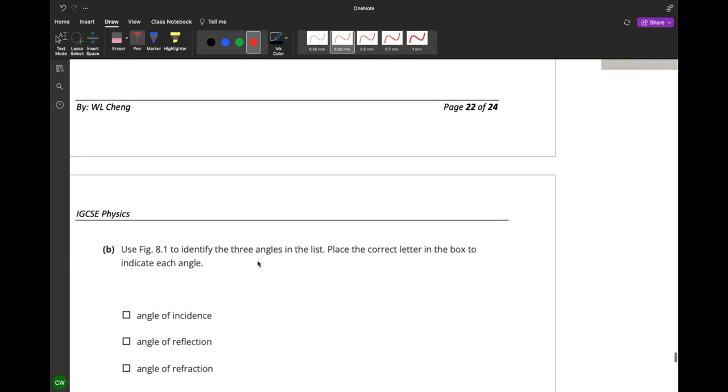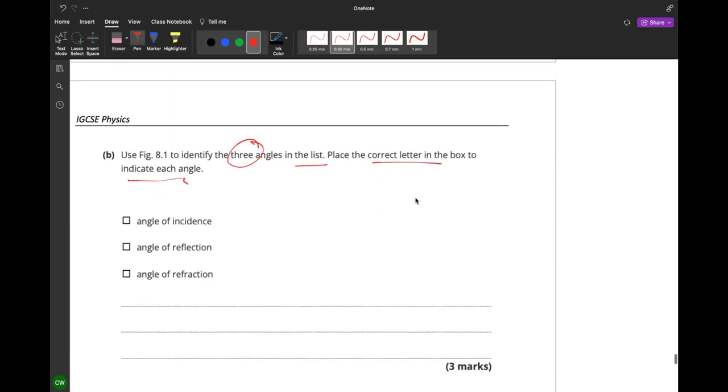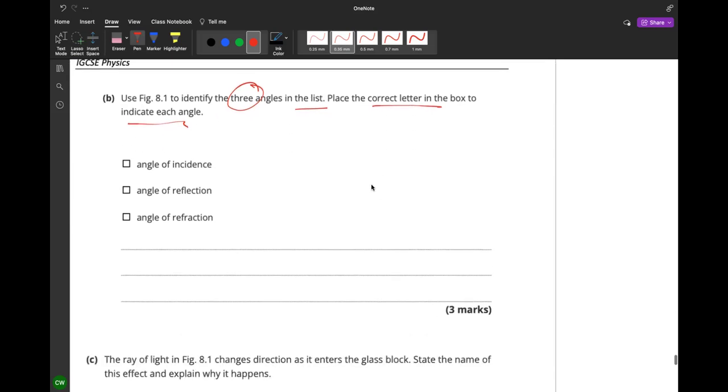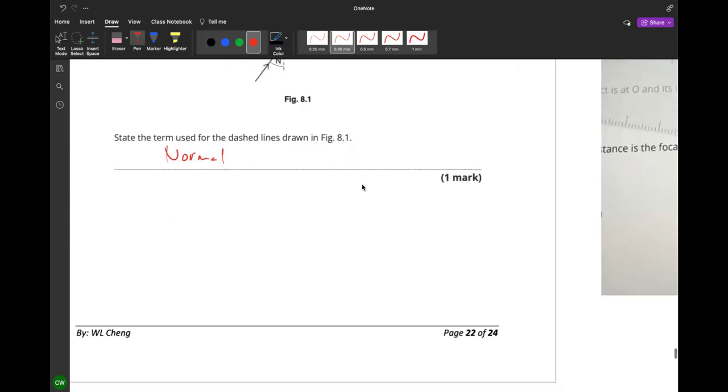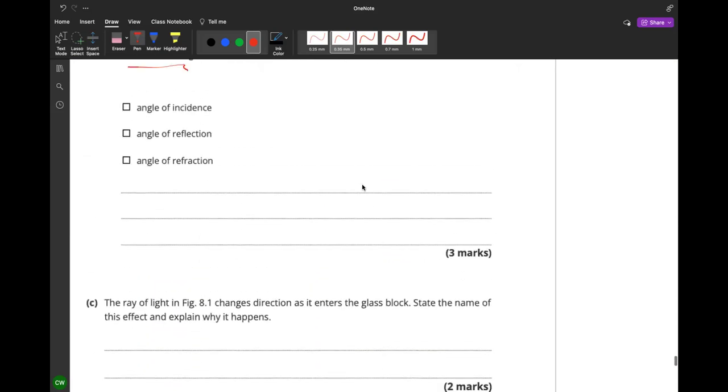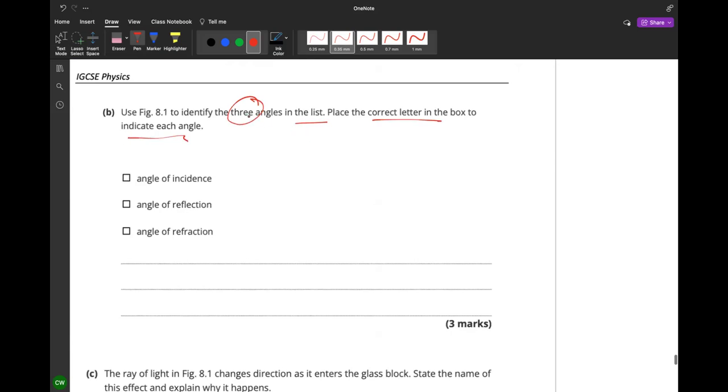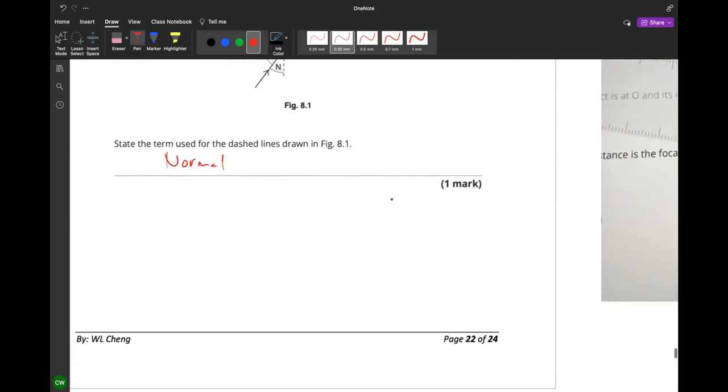Use the letters to identify the terms in the list and place the correct letter for each indication. Okay, incidence.